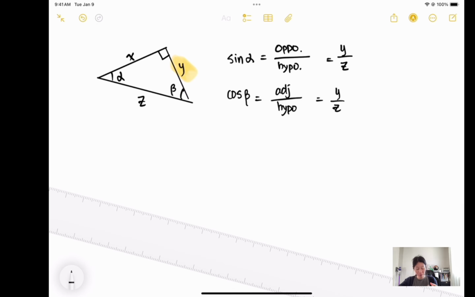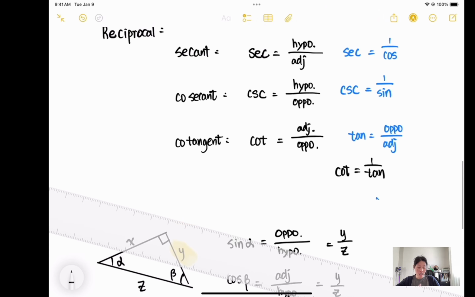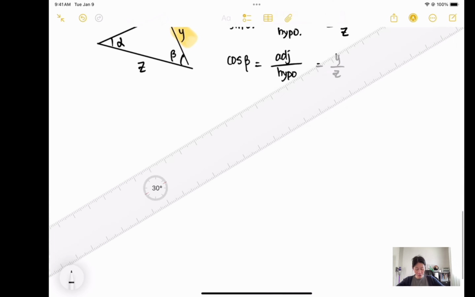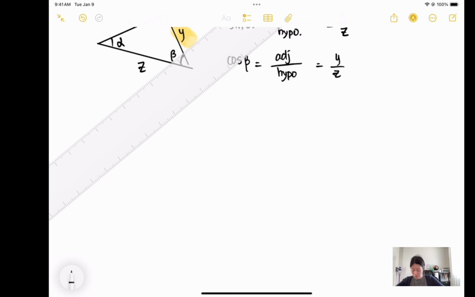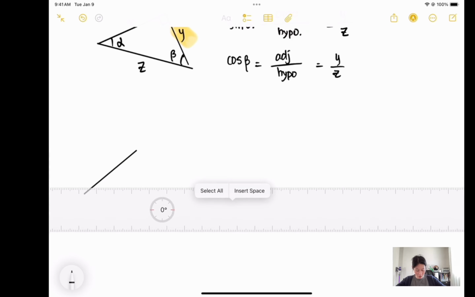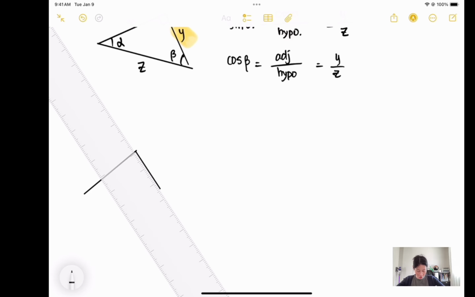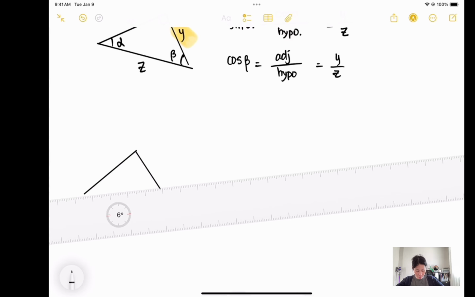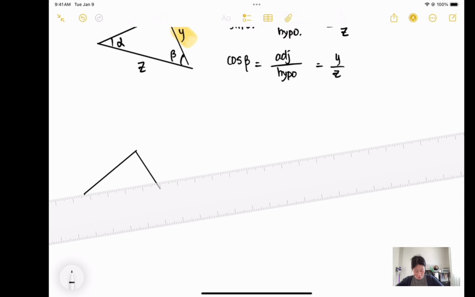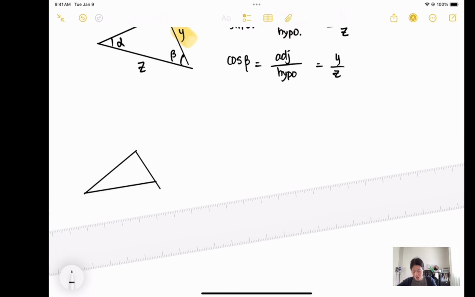Okay, now I want to spend more time to do more exercises since we just learned the reciprocal functions, which are secant, cosecant, and cotangent. Now here is a triangle. I try to draw a different triangle each time so you will get more familiar with the right angle in a different position.